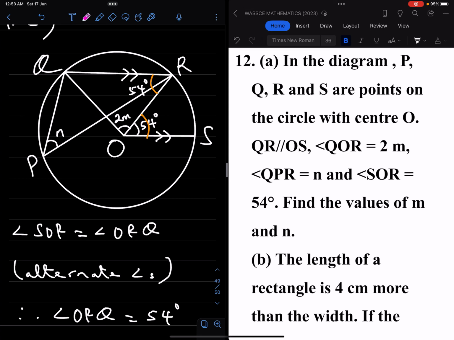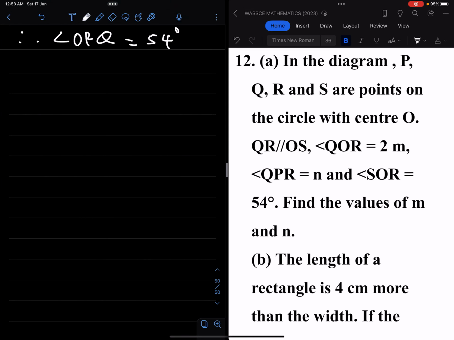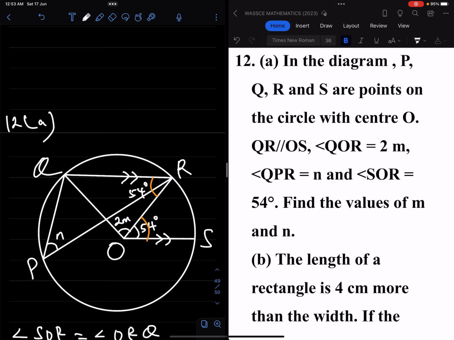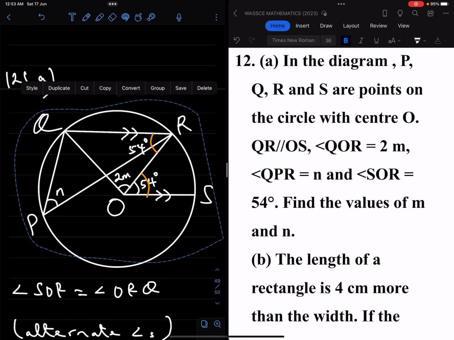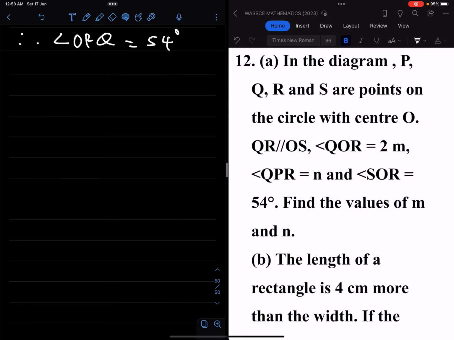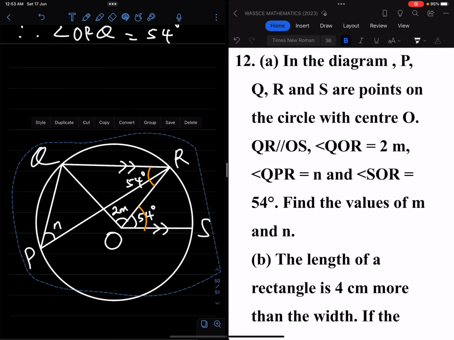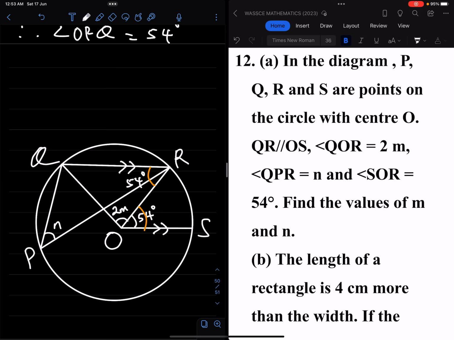Let me bring the diagram down so we can see as we answer the question. Angle ORQ equals angle OQR.